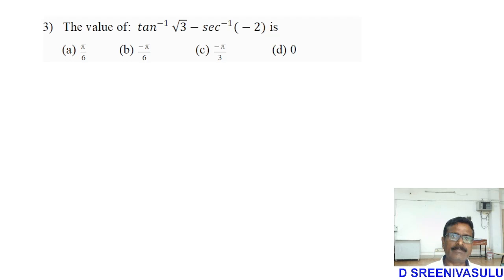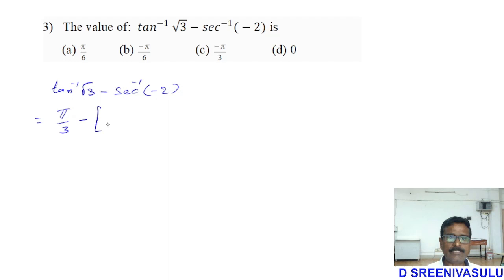Question number 3. The value of tan inverse root 3 minus secant inverse minus 2. What is tan inverse root 3? In the tan table, root 3 is 60 degrees, and 60 degrees means pi by 3.